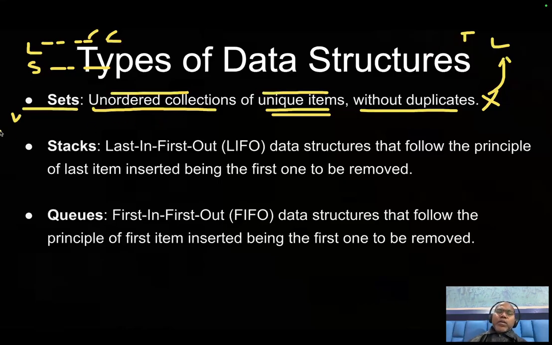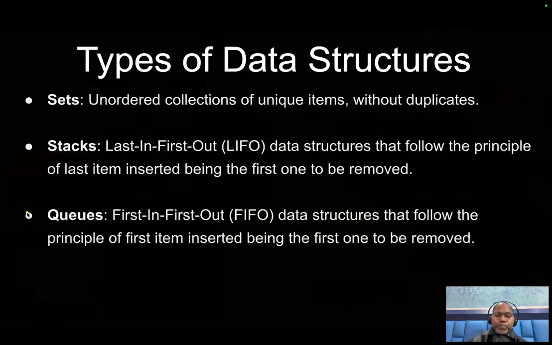There are lots of other data structures, like the stack data structure and the queue data structure. Those are basic computer science concepts, but they are also supported. Let's talk about the stack data structure. That means last in, first out.